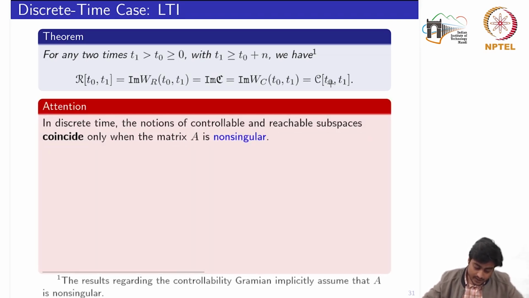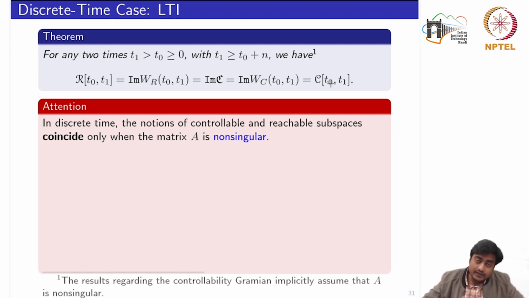So in the discrete time case, the notions of controllable and reachable subspaces coincide only when the matrix A is non-singular. One of the reasons, as we had seen, is that you won't be able to compute the solution, or you won't be able to compute the x0.